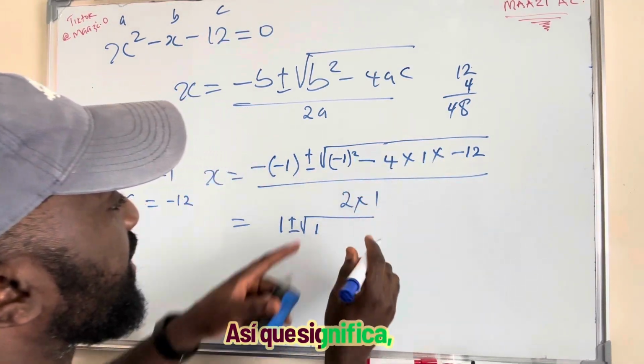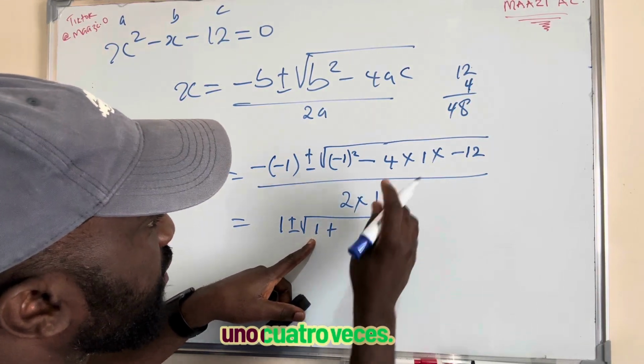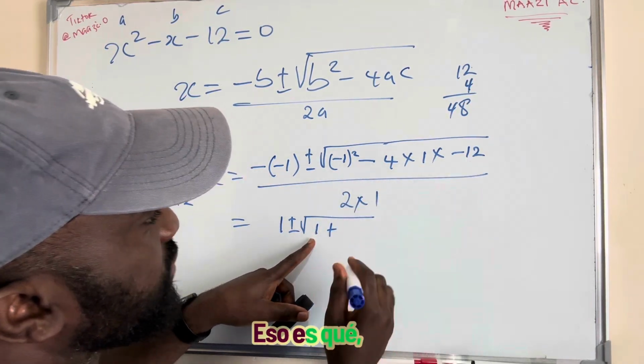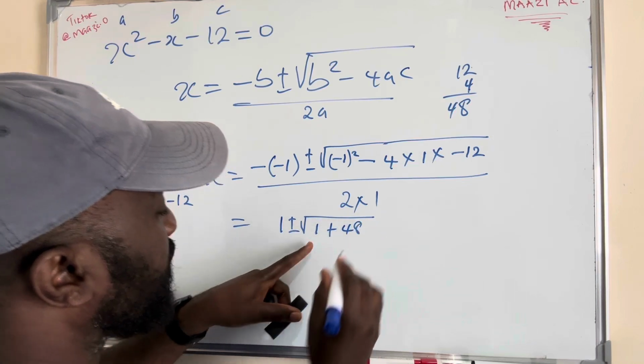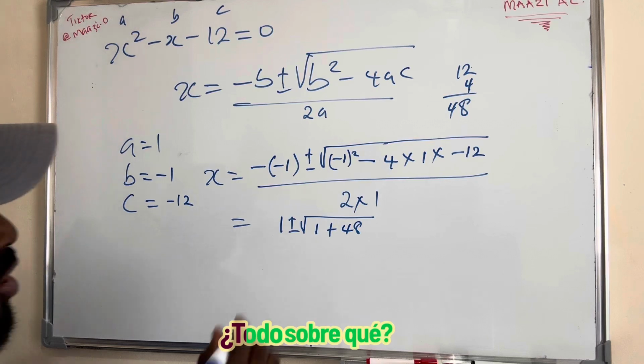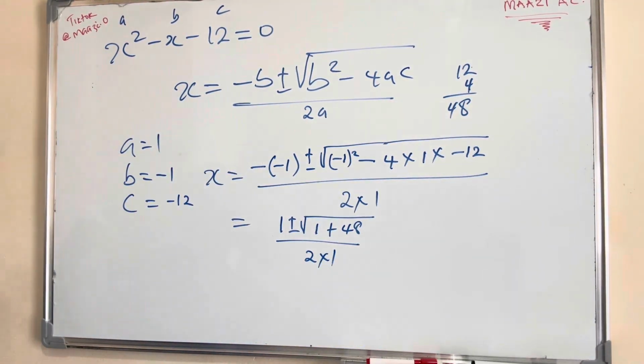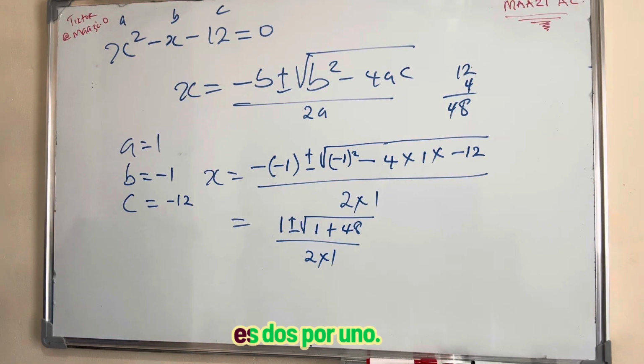So we have 1 plus 48, all over 2 times 1.